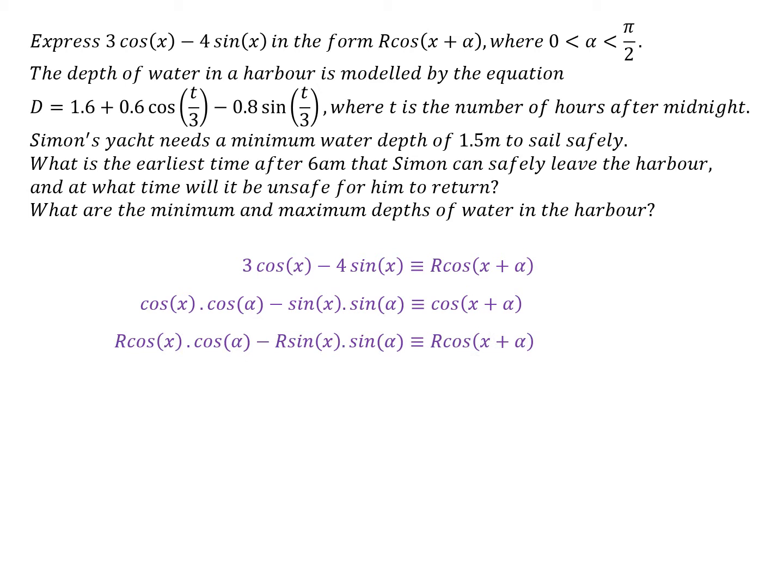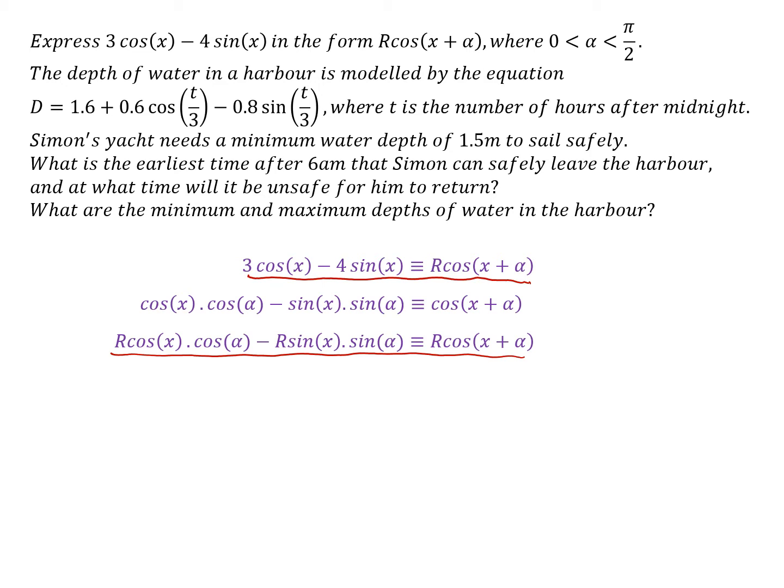When we multiply each of those terms by r, we get this. So now we've got r cos(x plus alpha) is 3 cos x minus 4 sin x, and r cos(x plus alpha) equals r cos x cos alpha minus r sin x sin alpha.